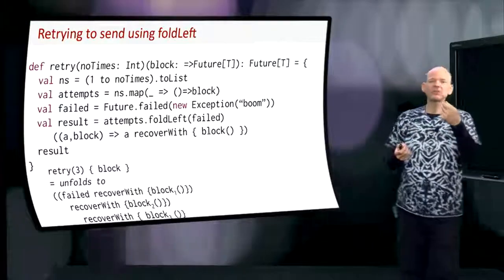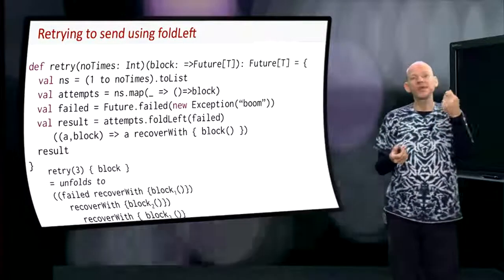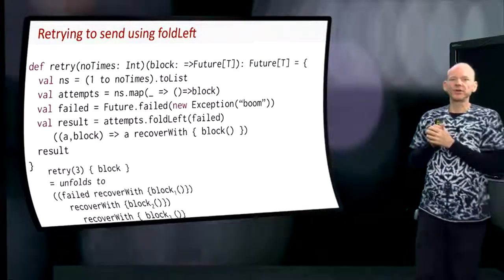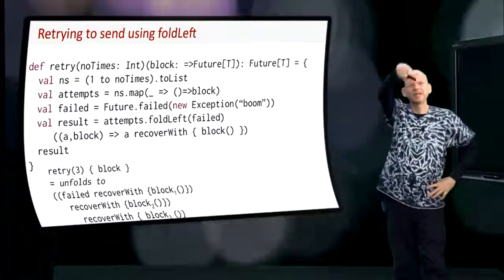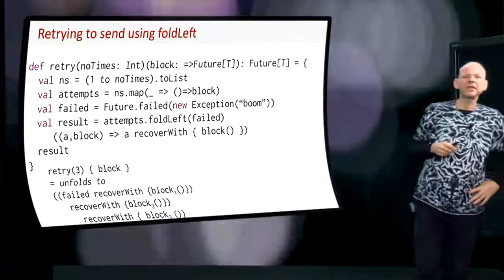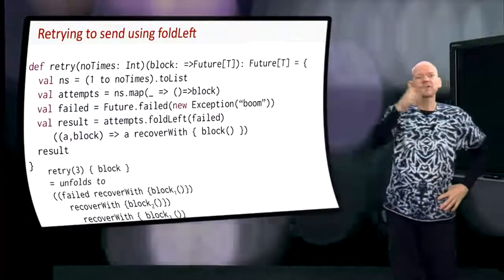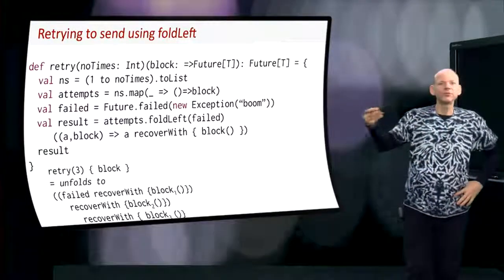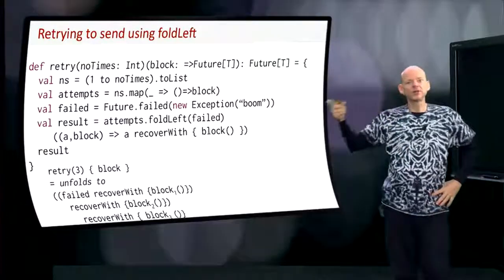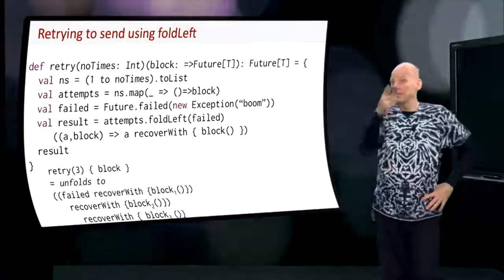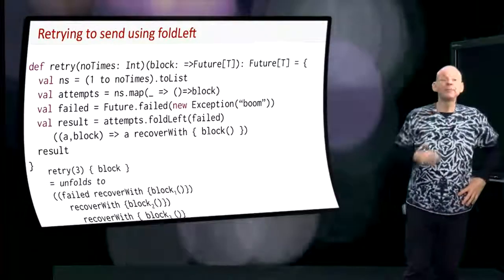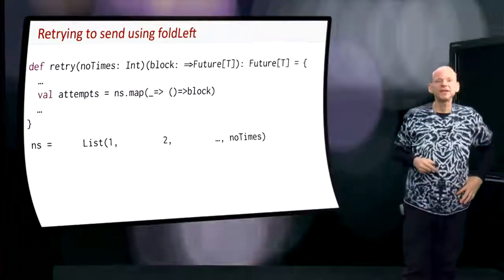We try to run the future, and if that fails, we're going to run the block. It looks a little bit puzzling, but if you think about it, retry(block) will unfold to failed, recoverWith block, recoverWith block, recoverWith block. If you don't believe me, let's do the derivation here.